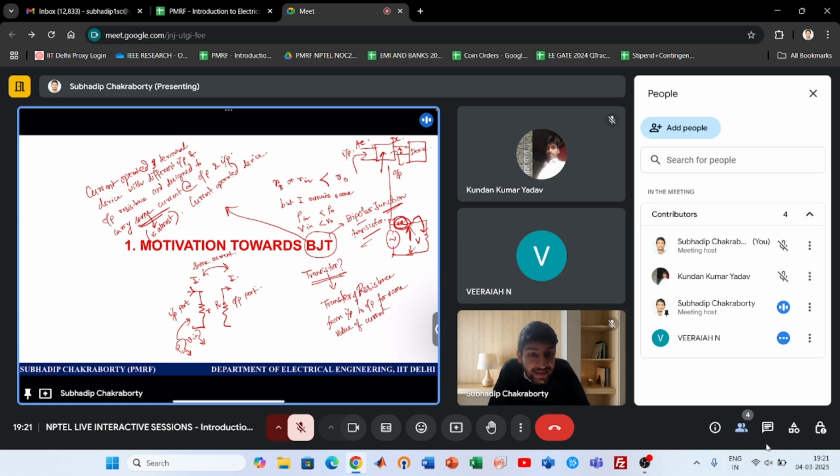How and all we'll see, but what advantage it will provide is that input impedance is very small. So with a very small input impedance, what kind of role can it play? Like for example, in the Thevenin equivalent, if we have a very small internal impedance, then the voltage across the load will not vary much irrespective of the change in current, because V supply minus load current times R internal is nothing but the load voltage.